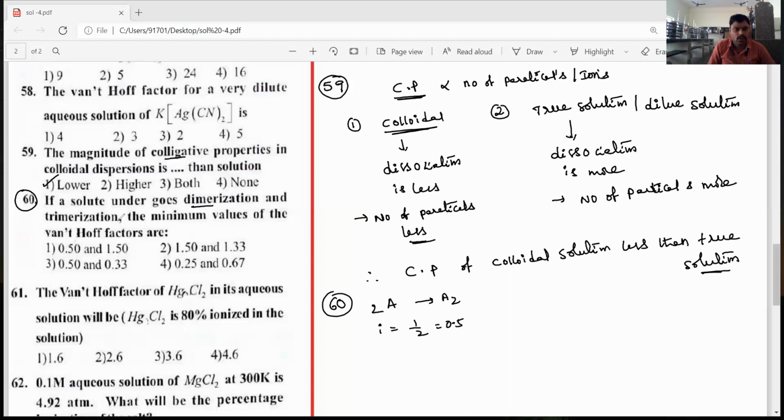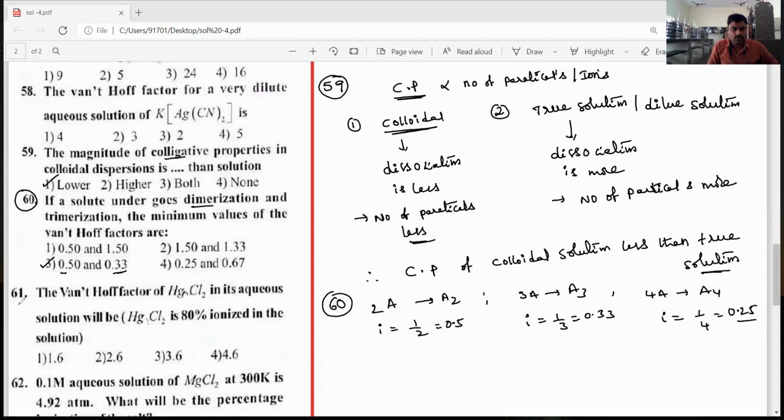If the solute undergoes trimerization, 3A is converted into A3, then the Van't Hoff factor is 1 by 3, equals 0.33. For tetramerization, 4A is converted into A4, then i is 1 by 4, which is 0.25. So the answer here is 0.5 and 0.33. Okay, dear students, the 60th answer is the third one.